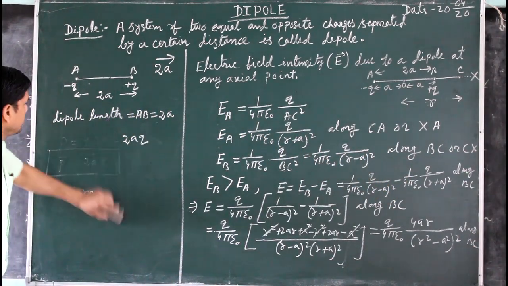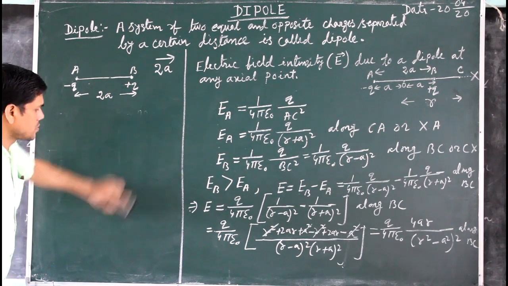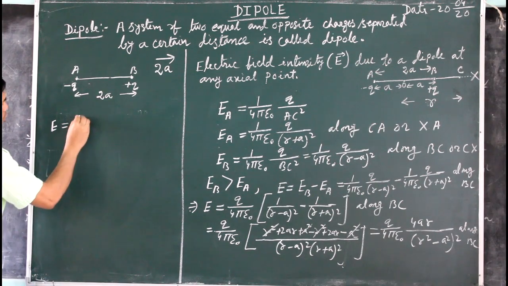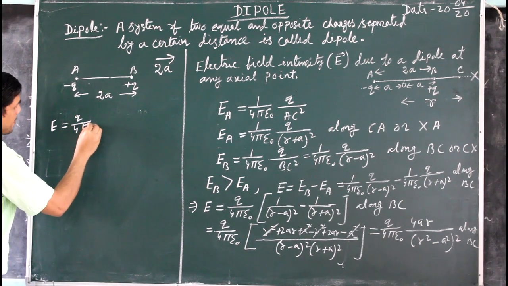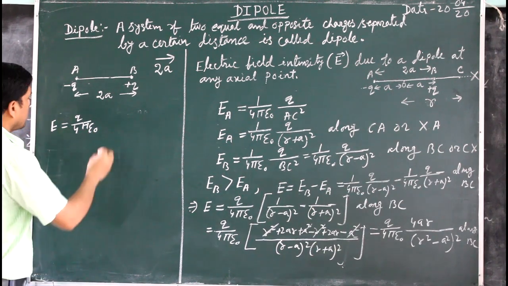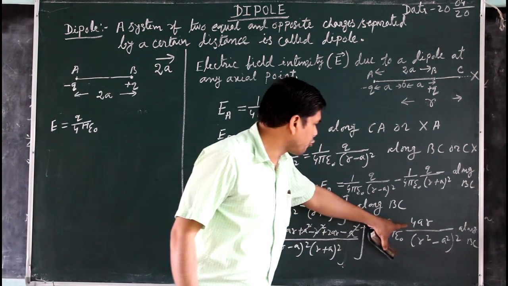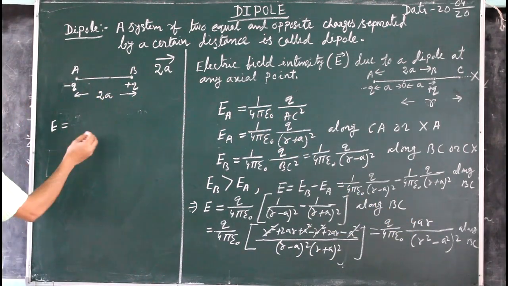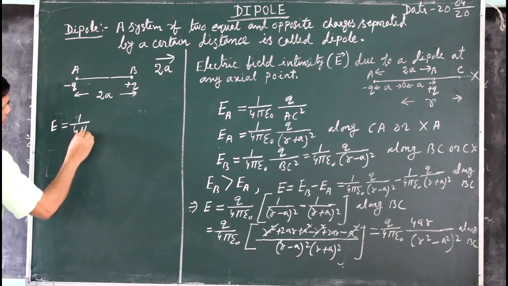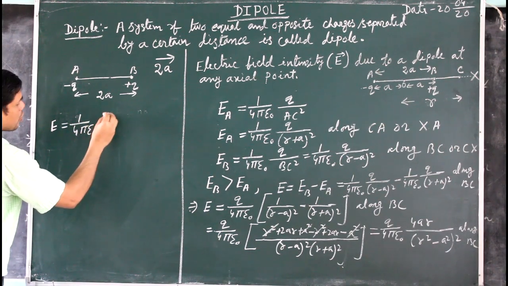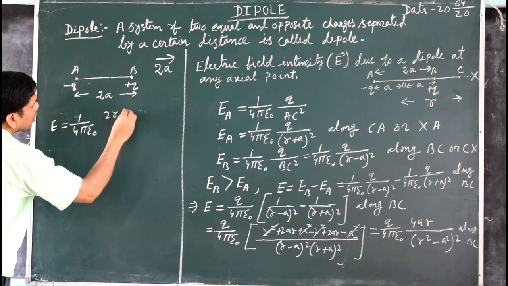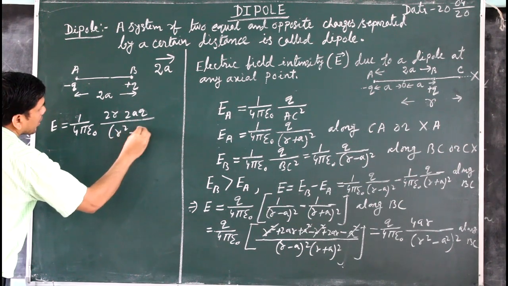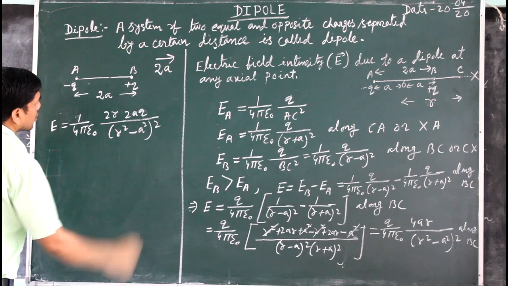Okay, now so E equal to q by 4 pi epsilon naught. Now this 4ar, or we can write 1 by 4 pi epsilon naught in this way, 2r into 2aq by r square minus a square whole square.